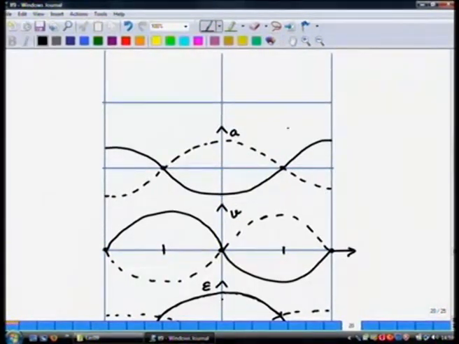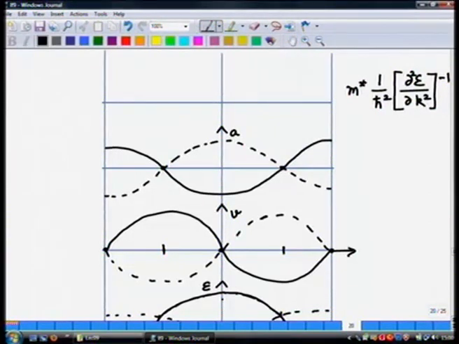Now, of course, I already said that if you take the second derivative, h square del E by del k square, and take the inverse of it, that gives me the effective mass of the electron also. So, let us plot the effective mass of the electron, and let us do that right here. How does that behave?